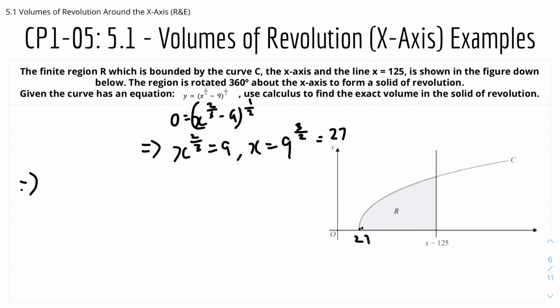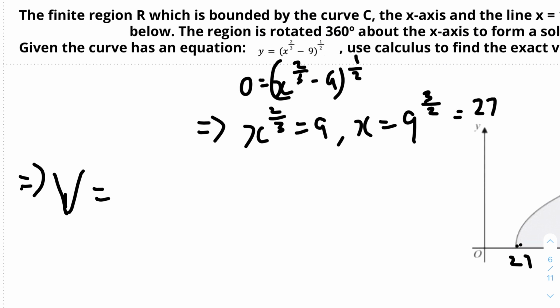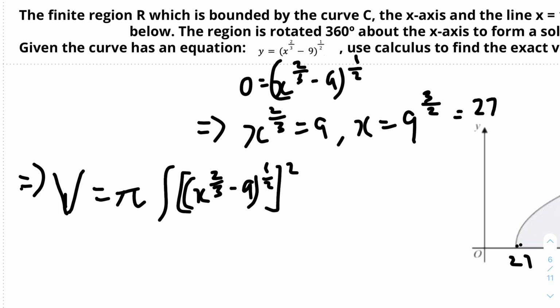So we can now basically just find the volume. So volume equals pi times the integral of y squared, which is x to the power of 2 over 3 minus 9, to the power of a half, everything squared, dx from x equals 27, which we found just now, to 125.